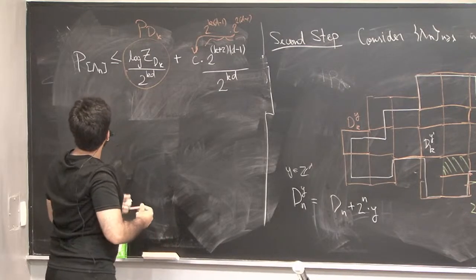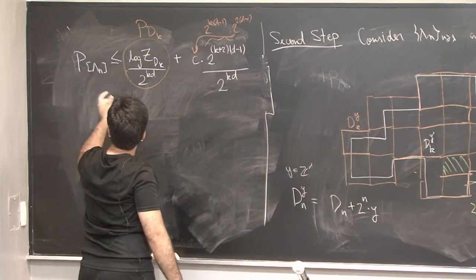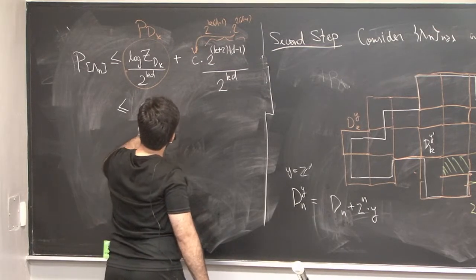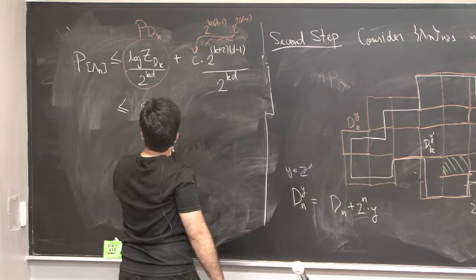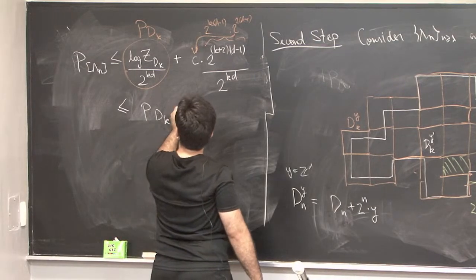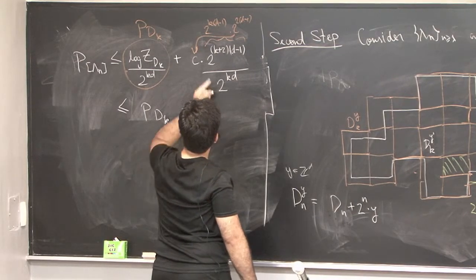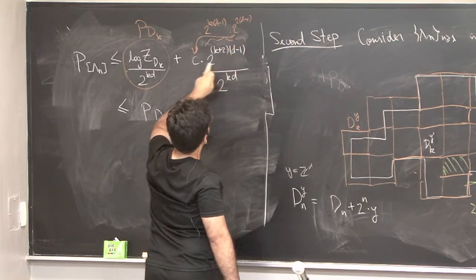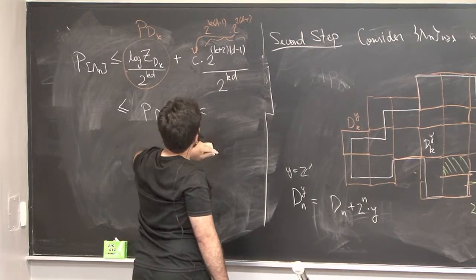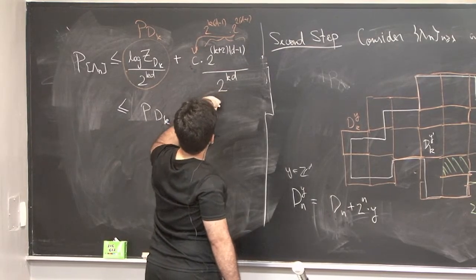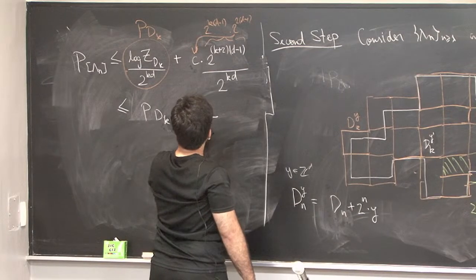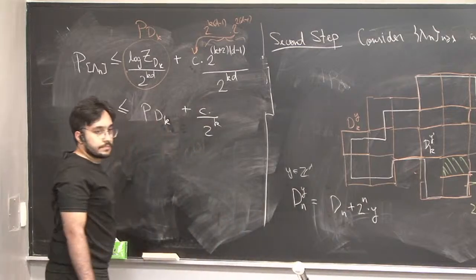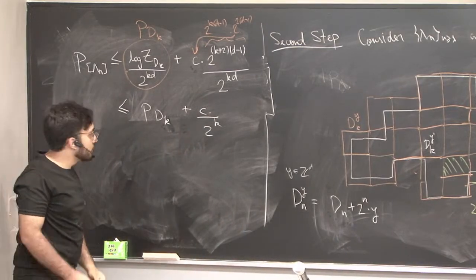So this gives us that the pressure is less than the pressure in the cube dk, plus a constant c. Again, this term is absorbed into this constant right here, over 2k, right?